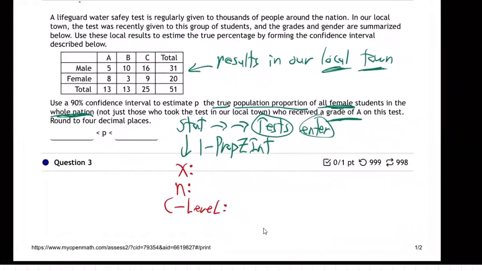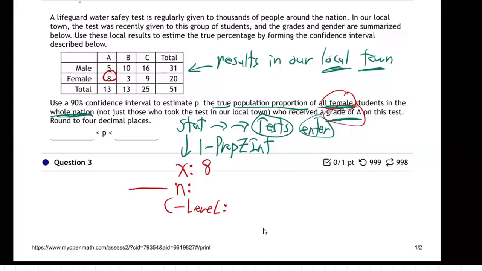So what's our X on this one? We're talking about females who got an A. So look over at that table. How many females got an A? 8. Right there, 8.